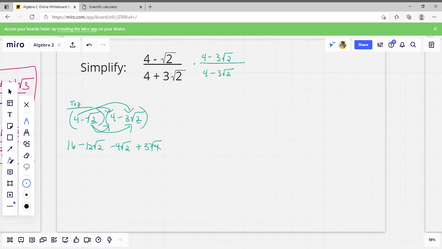So this one we could pull out and say 2 times 3, and that whole thing equals 6. So we've got 16 plus 6, and negative 12 minus 4 would be negative 16 times the square root of 2.